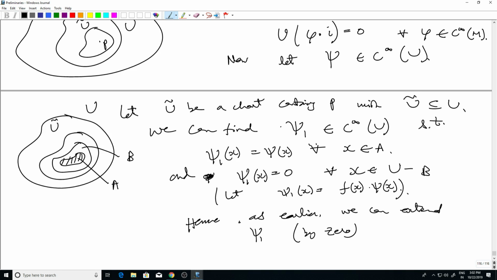In other words, declare all values outside U to be 0, to all of M. So what we have now is a function C1 defined on all of M, which agrees with C on this small open set A containing P. So the main thing is that C1 is defined on all of M, and C1 is identically equal to C on the open set A.